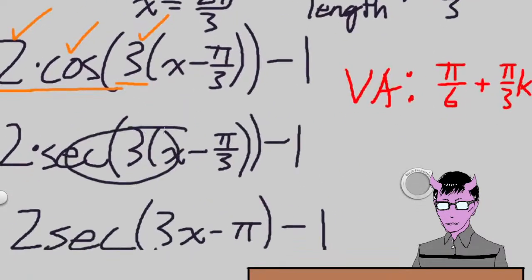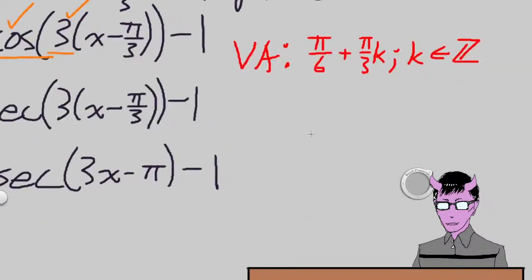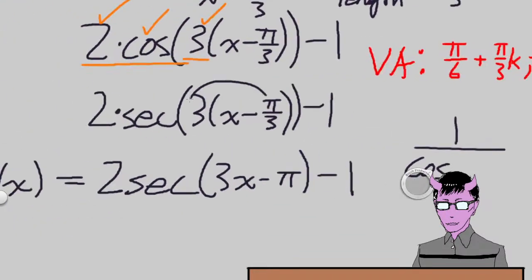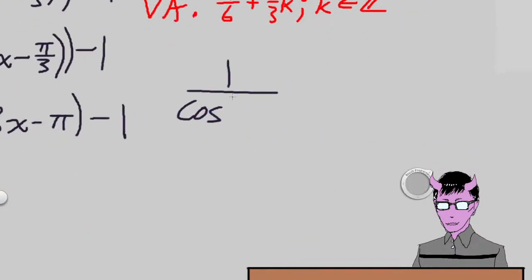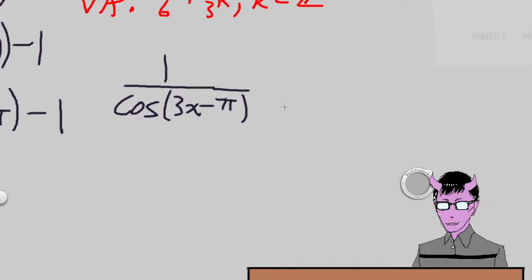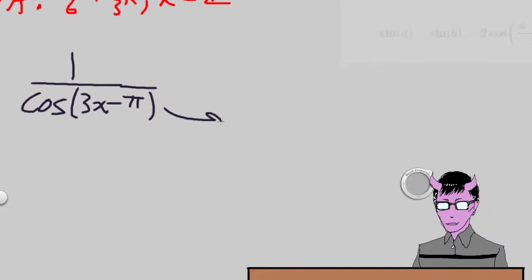We're just dealing with secant, which we acknowledge is just going to be 1 over cosine. Cosine of what? This entire nonsense. So we can actually use one of our older skills to get the vertical asymptotes for the situation. So again, this is a fraction, so we acknowledge that the bottom part cannot be 0, so we force it to be 0.